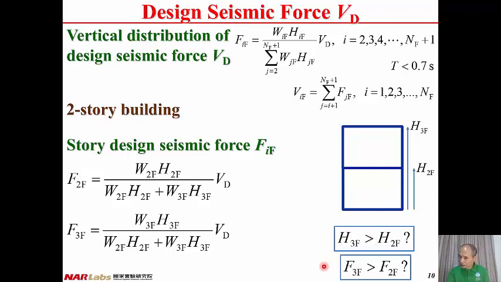The question here is: is F3F always larger than F2F? That is my question for all of you. Is the story seismic force at the roof always larger than that at the second story?